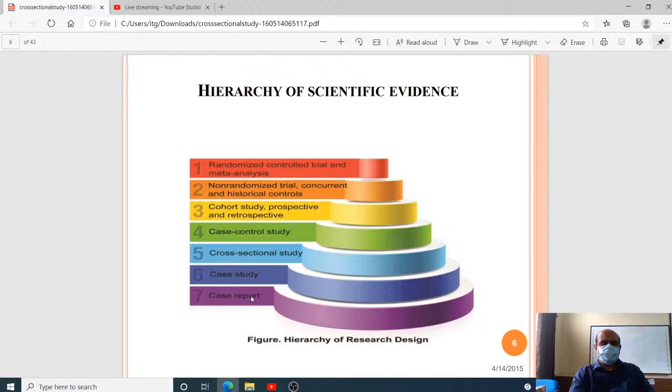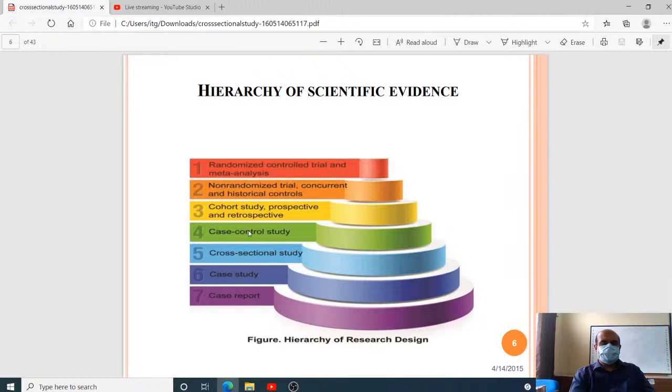After case reports, on the basis of that, people start doing case studies, and after case studies, there is the cross-sectional study. The cross-sectional study is the first study where we try to test the hypothesis coming from case studies and case reports.